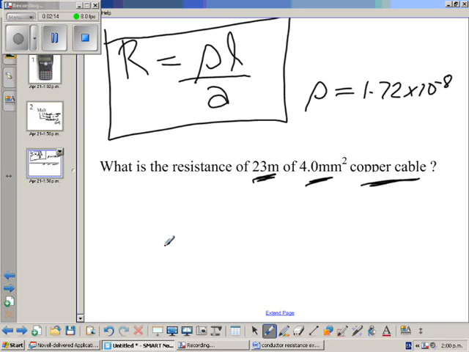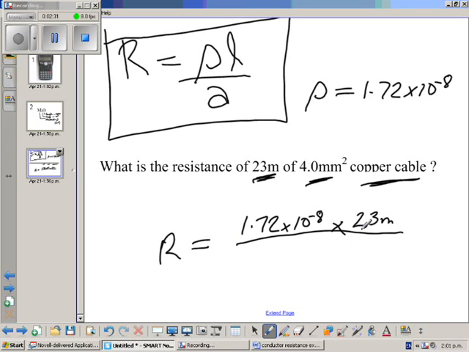We can put this information into our formula. So R equals rho, 1.72 by 10 to the negative 8, times the length, 23 meters, and we can divide the whole thing by its cross-sectional area, which is 4.0 by 10 to the negative 6 meters squared.